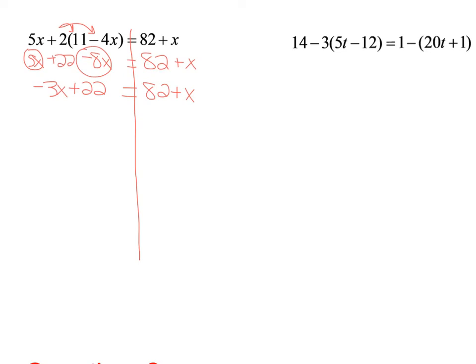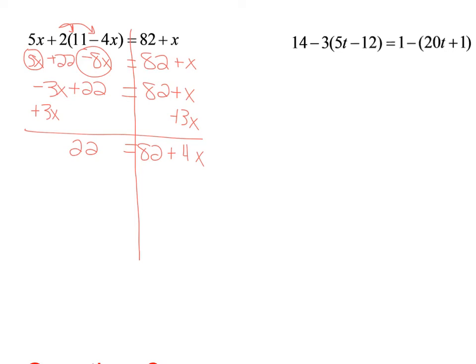My negative 3x is smaller than my positive 1x, so I'm going to add 3x to both sides. I end up with 22 equals 82 plus 4x. Notice how that made my variable positive, so I have one less negative to worry about.